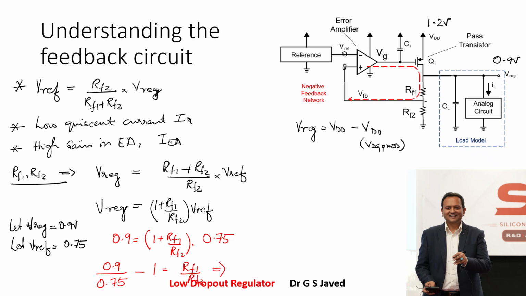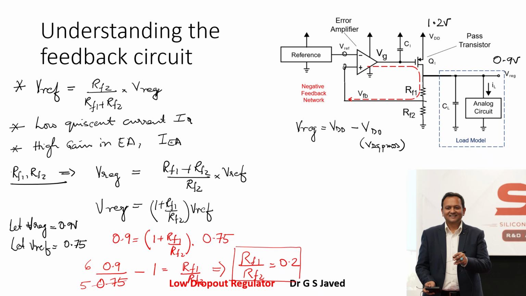That gives a value slightly more than 1. So 0.9 by 0.75 is 6 over 5, so it's 1.2 minus 1, which is 0.2. So Rf1 by Rf2 is equal to 0.2. This is the ratio that needs to be maintained.